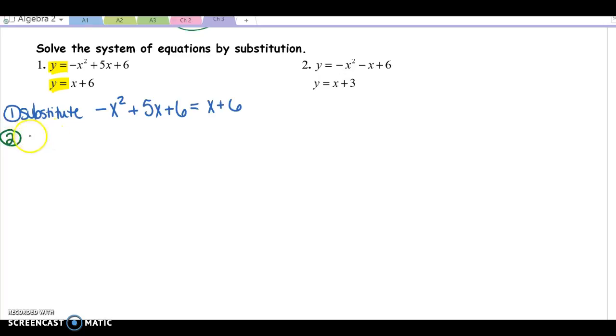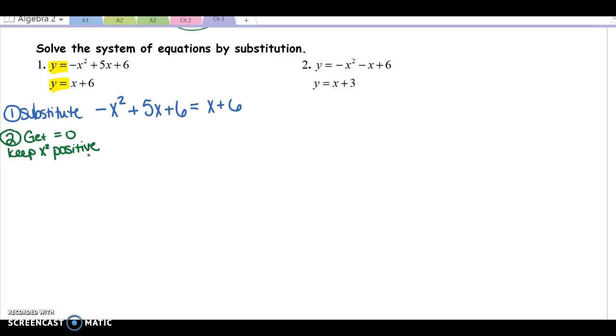Step 2 is to get one side equal to 0. And it's important for the next step that your x squared be positive. So on the left side, we have negative x squared.